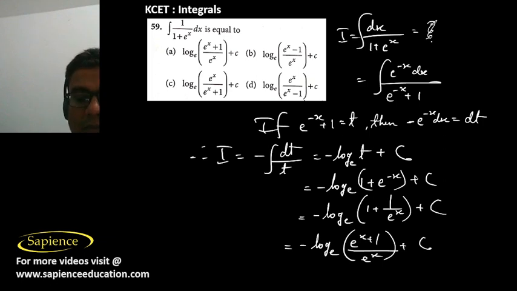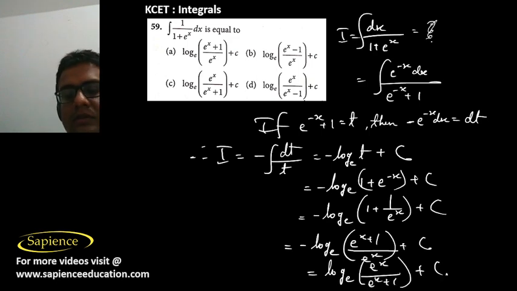Since minus is there, we can take its reciprocal, which is log base e of e power x by e power x plus 1, plus c. So option C is the correct answer.